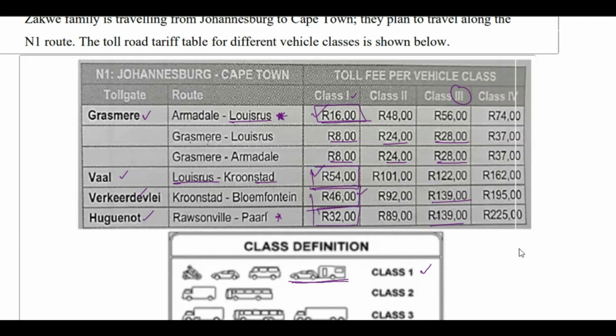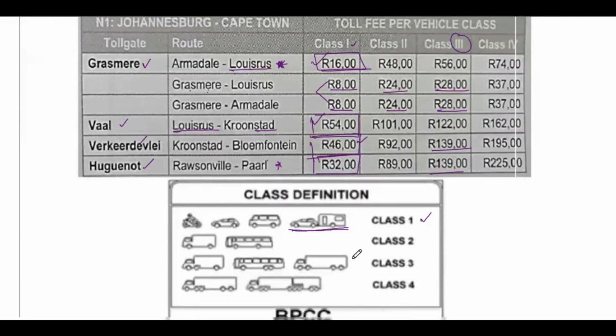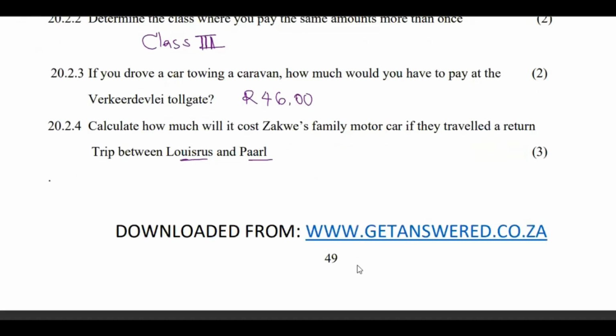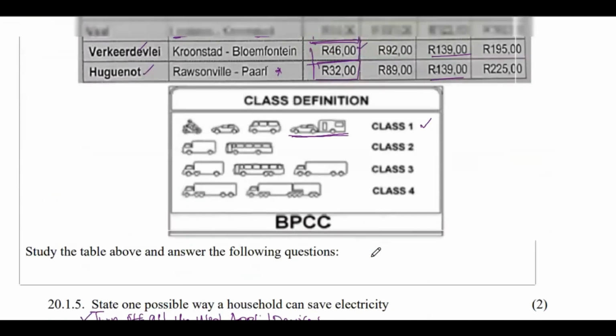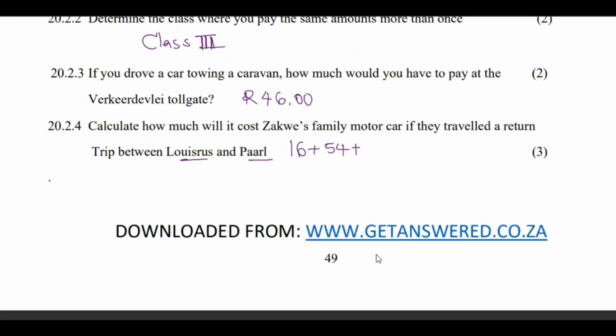This 16 comes from 8 plus 6 plus 8. So they'll pay 16 plus 54 plus 46. They will pay 32, which is 148.